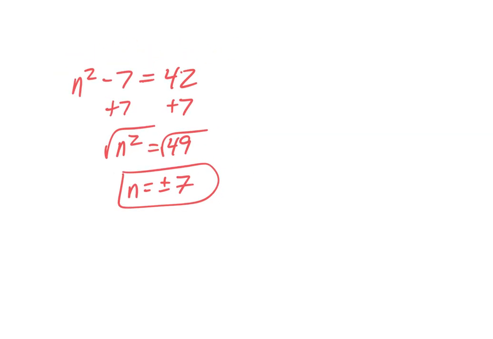Okay, what if I gave you one like this? Divide by 25, right? So if it's plus or minus, we're going to do addition or subtraction. But this one's 25 times t squared. So we're going to divide by 25.